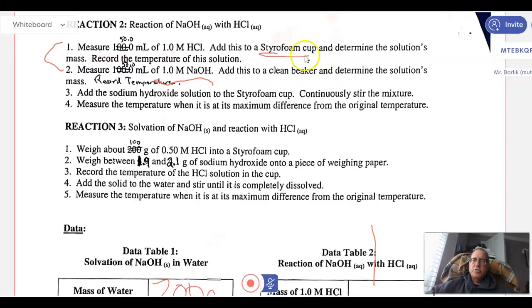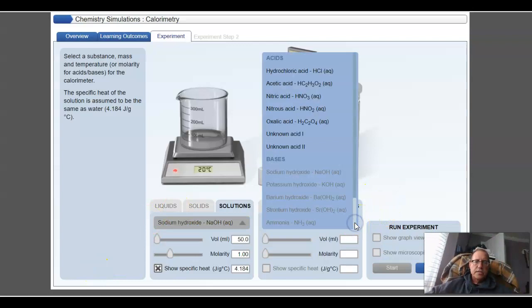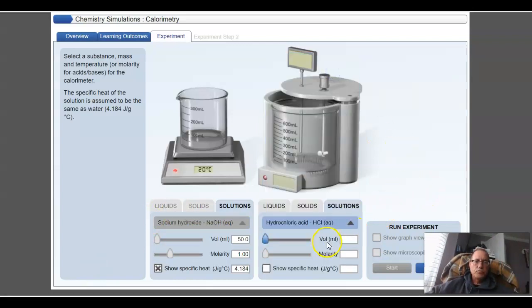So we're going to put it into our calorimeter. So I'm going to use 50 mils of 1 molar. Okay, hit next. Go to solutions. I'm going to get my hydrochloric acid. I want 50 mils of that too. And that's also 1 molar.